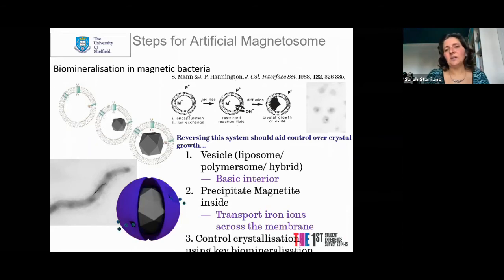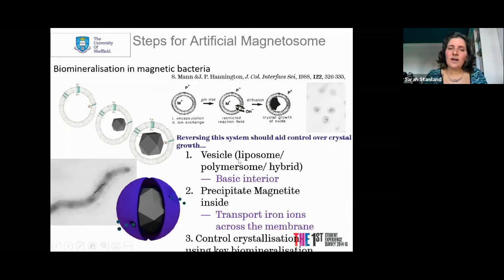This idea that we could grow crystals within these liposomes. This is also from that paper, and you can see that there's only a very tiny crystal, and that would be expected because if you imagine you've got your ions in solution, and you condense those out as a crystal, there's going to be a much smaller particle because you've only got a finite amount of the metal ions there.